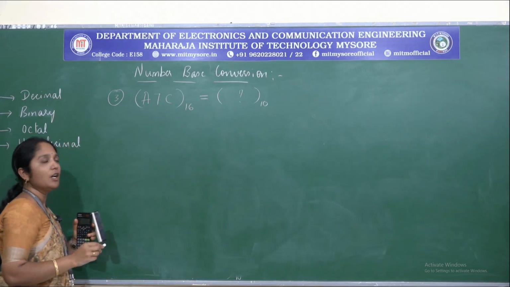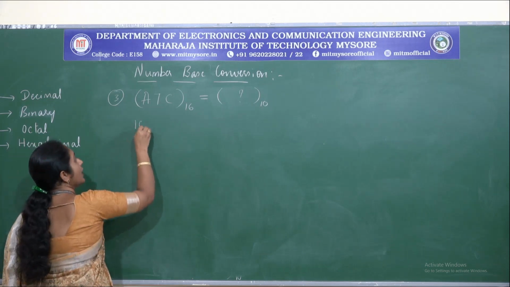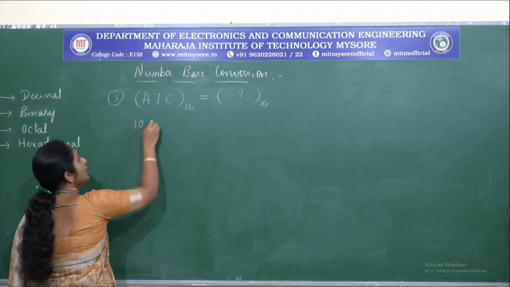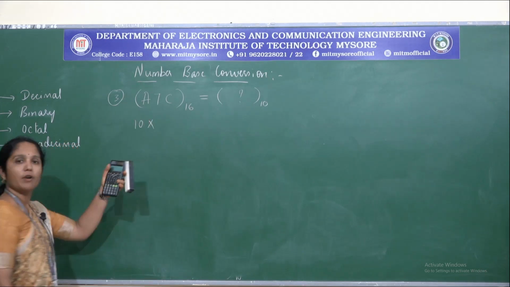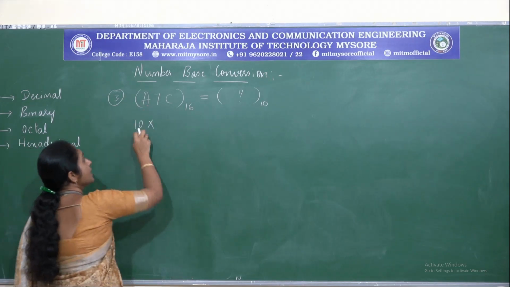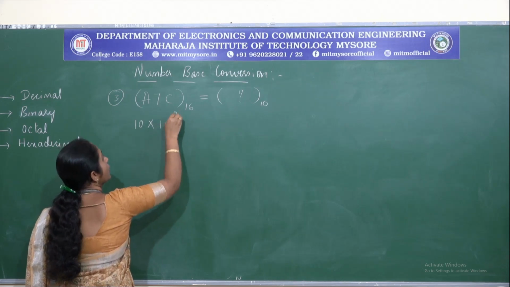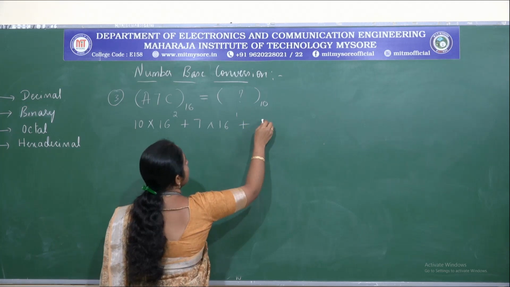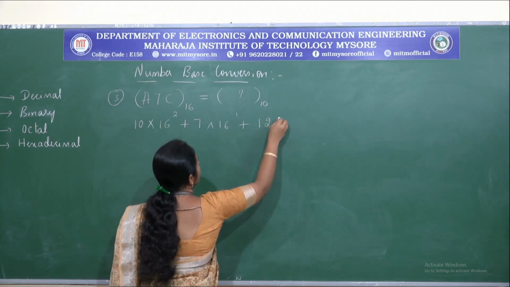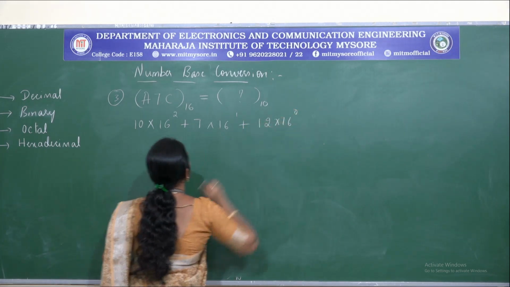A is nothing but 10. So while writing, we need to write it in terms of the equivalent numbers from the decimal number system. A is 10. So 10 into 16 power 2 plus 7 into 16 power 1 plus C is nothing but 12. So 12 into 16 power 0.